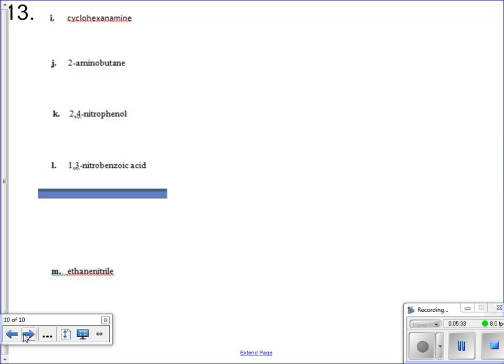So you're going to write as many compounds as you can using 2 carbon, 6 hydrogen, and 1 oxygen for letter A. You're going to draw them out, then name them, and tell me what functional group that was. You'll do the same thing for B. And then do the same thing for C. You might have to put some double bonds in there because you don't have enough hydrogen.